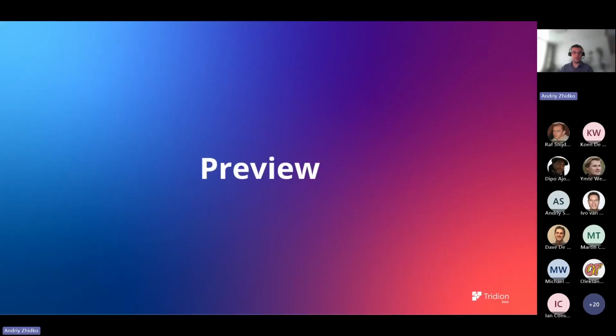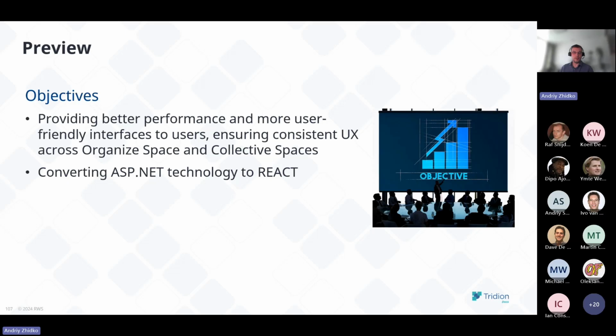Let's also talk about the preview. As part of updating the preview feature, we use a modern React front-end framework instead of the legacy ASP.NET one, and we also provide more user-friendly and consistent behavior across organized space and collective spaces, with better performance.